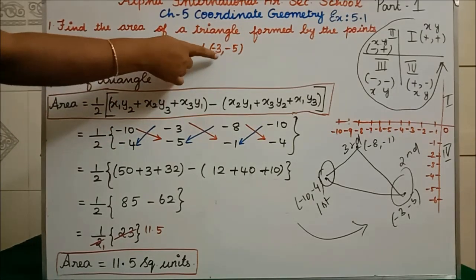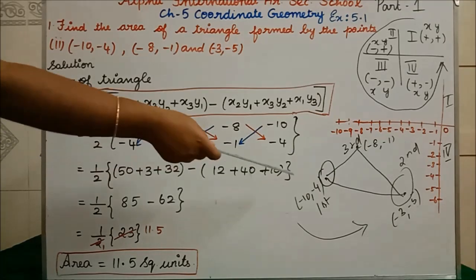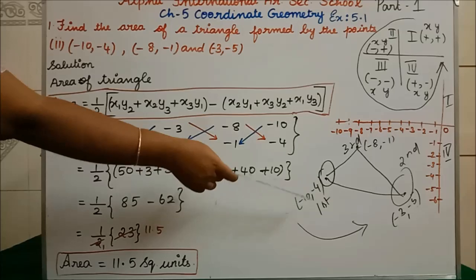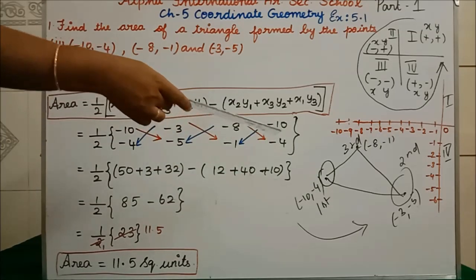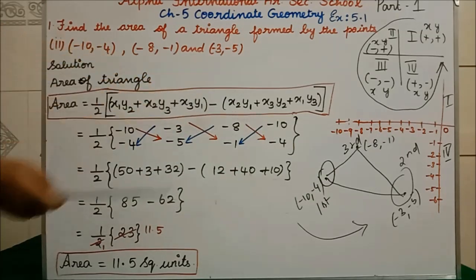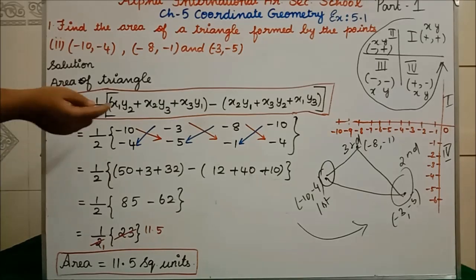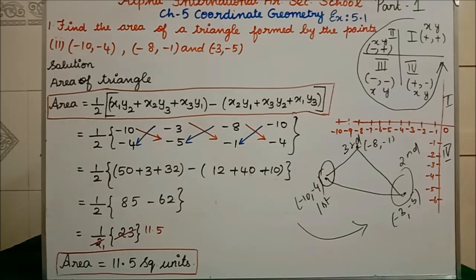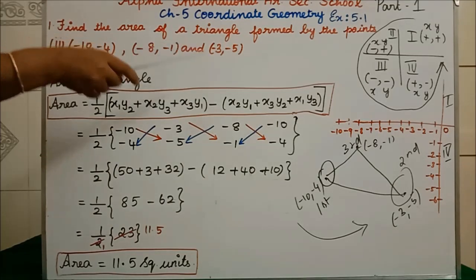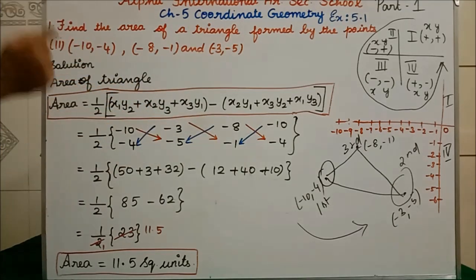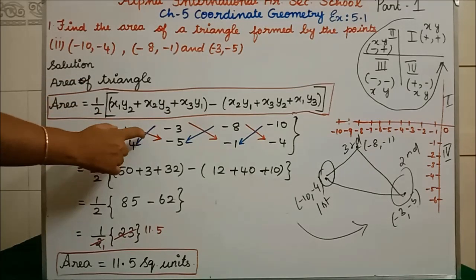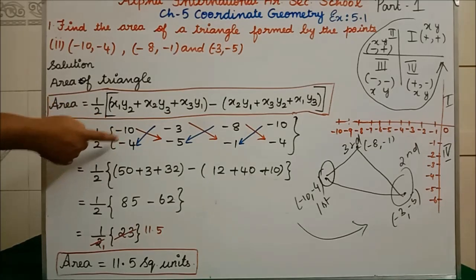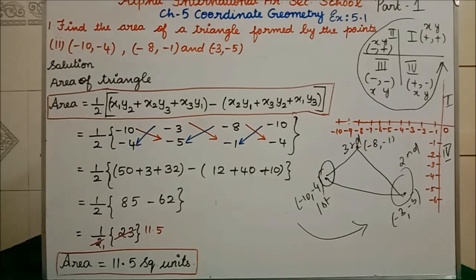We are going to write this point instead. Why? Because in the diagram, in the anti-clockwise direction, the first point we get is this, and the second point is (-3, -5). That only we are going to write. The third point is this (-8, -1). Whatever point you write first, you are going to write that same point as the fourth point. Clear? Here (-10, -4) means there also (-10, -4).